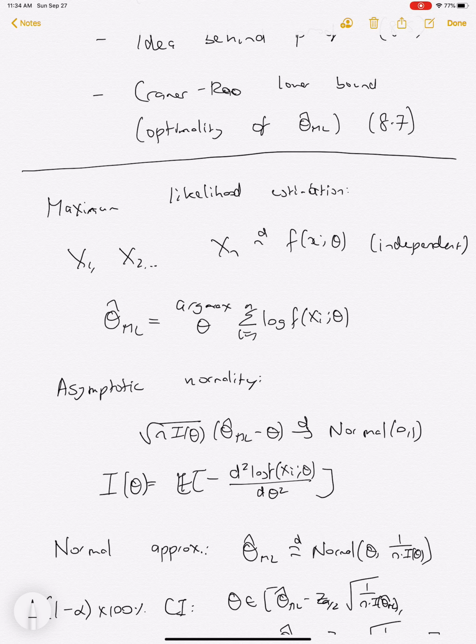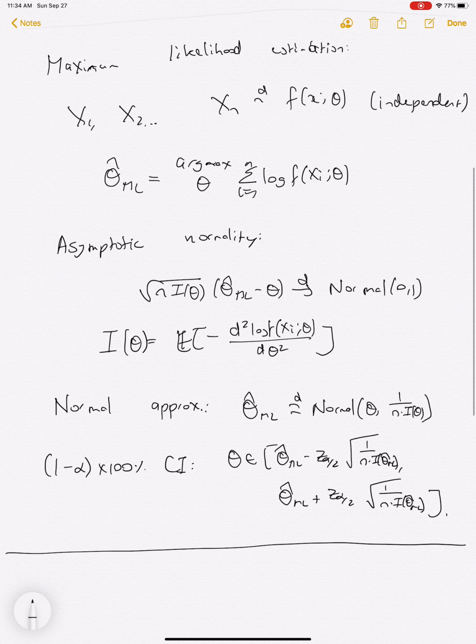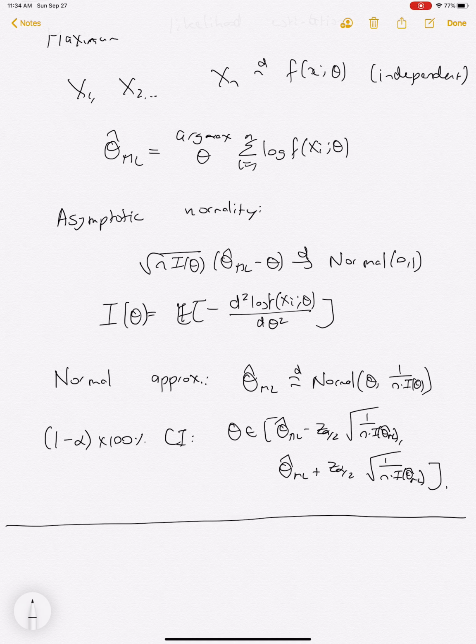And we've seen that the logs have been important in a lot of the calculations and terms. In particular, there's also this notion of asymptotic normality, which is really powerful because it allows us to say something about the distribution of theta hat ML, and also use that to find confidence intervals.